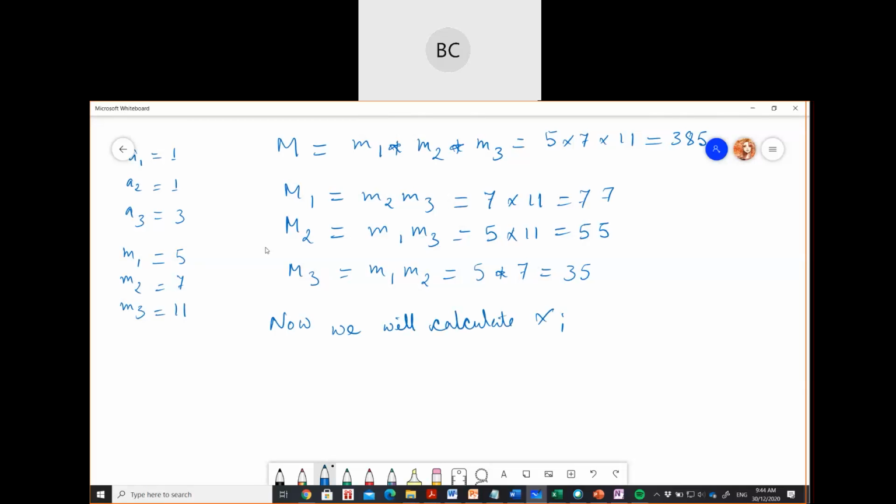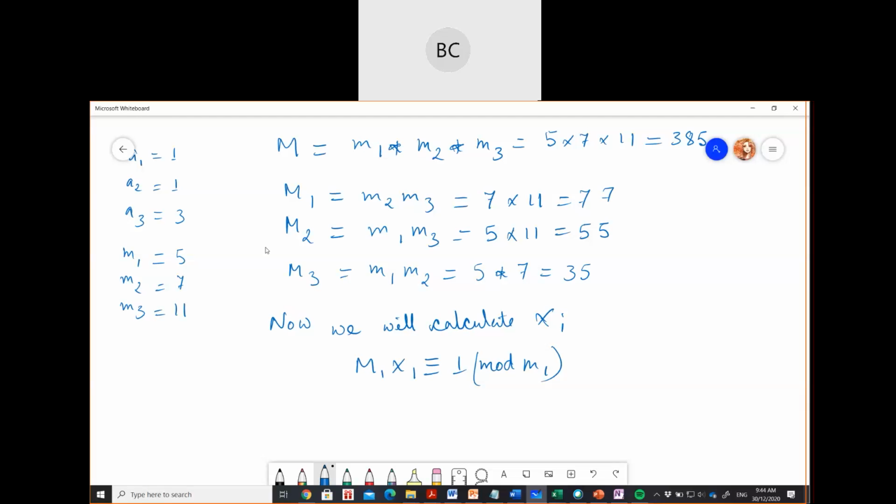So how can we find the value of xi? Xi is nothing but the inverse of your m values. Since it's an inverse of this m, we can find it with the help of a certain equation, which you can represent as x1 congruent to 1 mod m1.